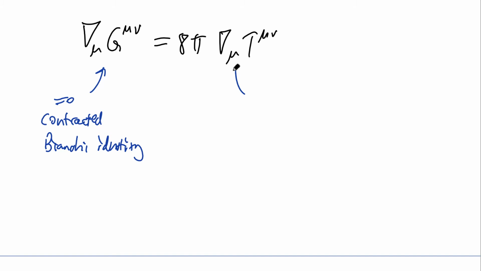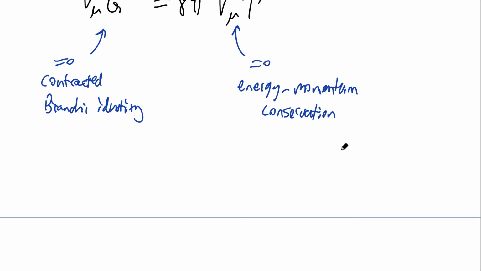And the right-hand side is equal to 0 by energy momentum conservation. And that's always a consequence of the matter equations of motion. So now let's examine in some detail the Friedmann equation.